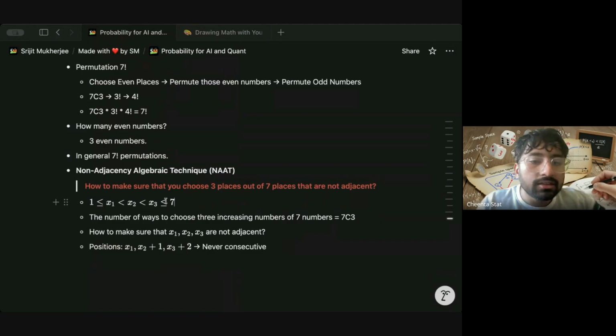Observe with this condition, x1, x2, x3 are never consecutive, right?